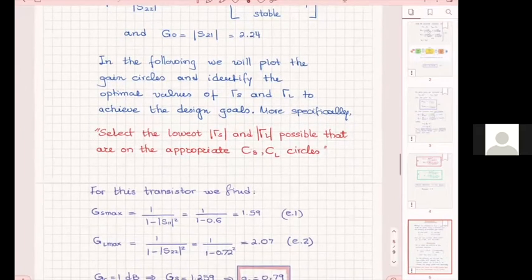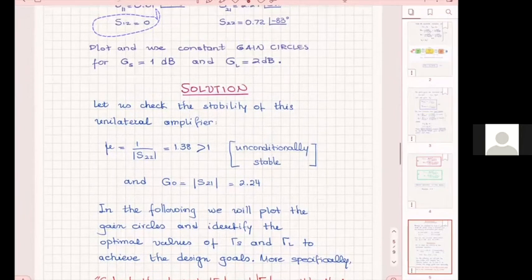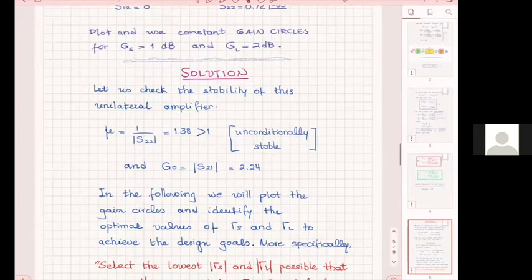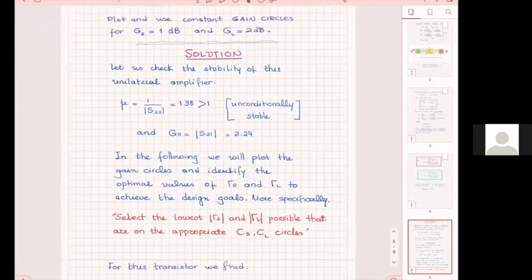Now, they told us that they do not necessarily want maximum gain, but they obviously want us to get a different gain. The reason for that most probably is that they wanted more bandwidth in this particular example.